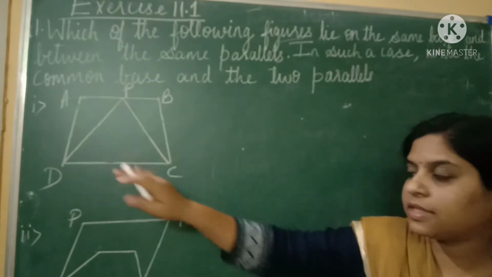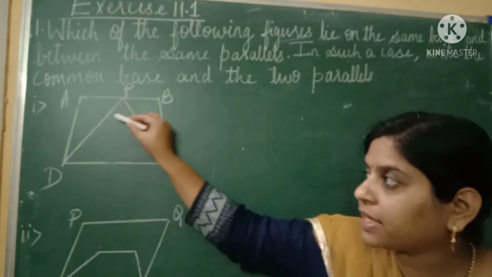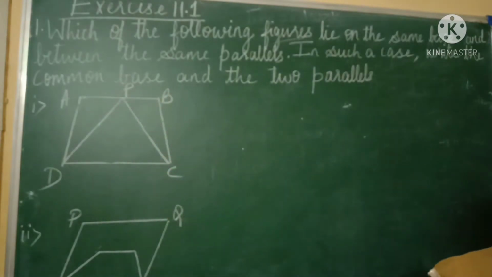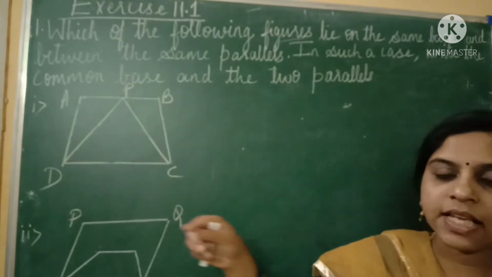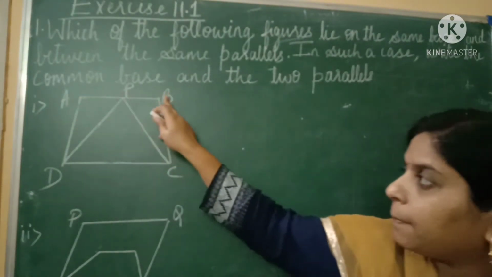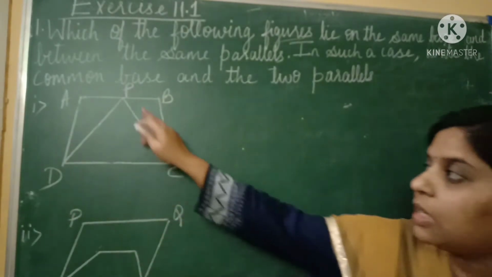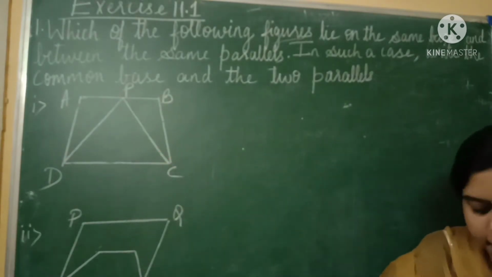Coming to the first question, if you see, you have two figures. One is the triangle and one is the quadrilateral. Quadrilateral is a four-sided figure and triangle is a three-sided figure. So the quadrilateral ABCD and triangle PDC both are sitting on the same base.